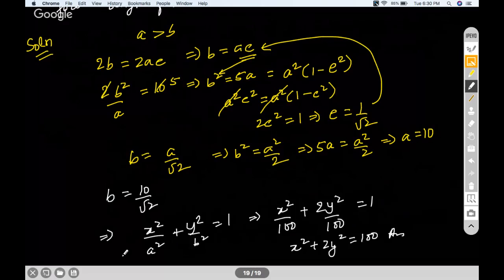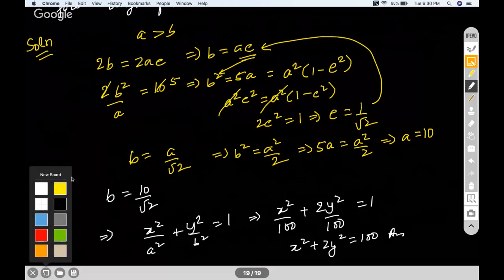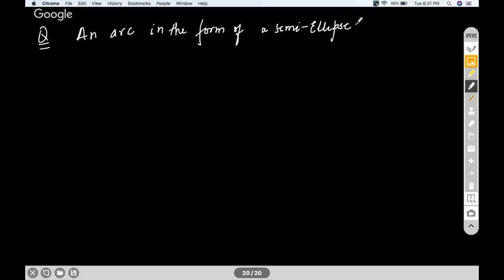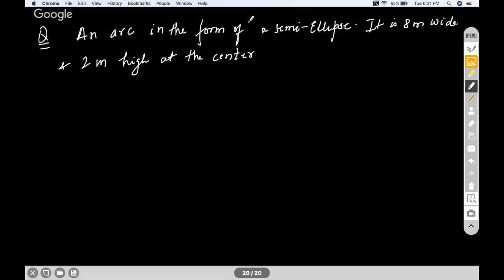Okay. The next question is a bit of an application based question. There is an arc in the form of a semi-ellipse. It is 8 meters wide and 2 meters high at the center.